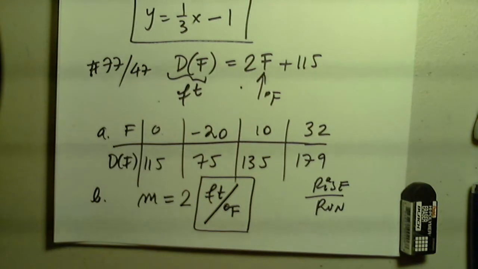I'm pretty sure it should be 0. Yes, because when you move 115 and divide by 2, that's what you get. So that's the reason why it cannot go below negative 57.5.